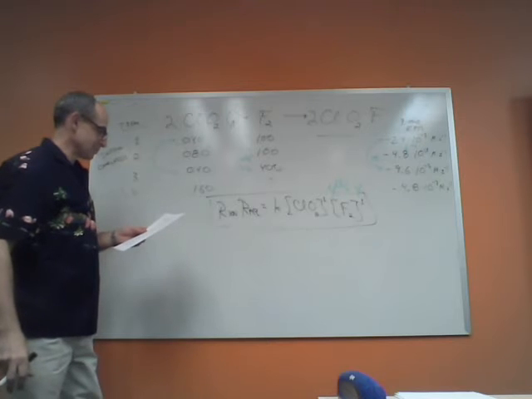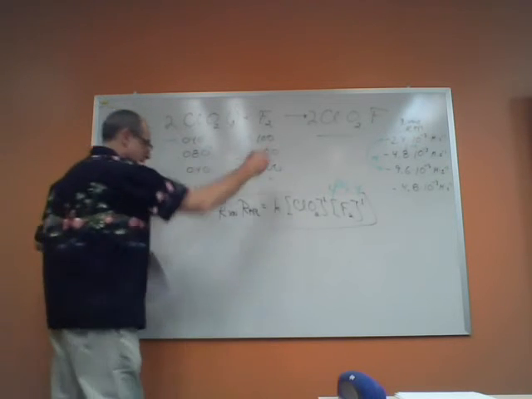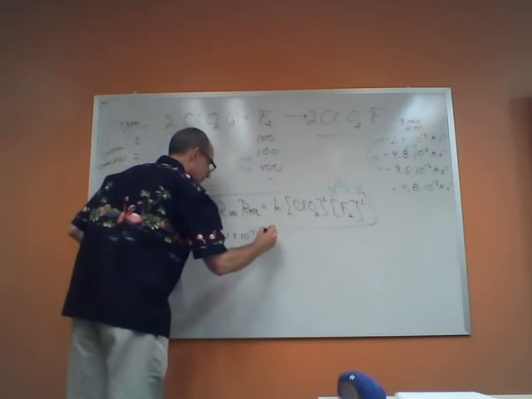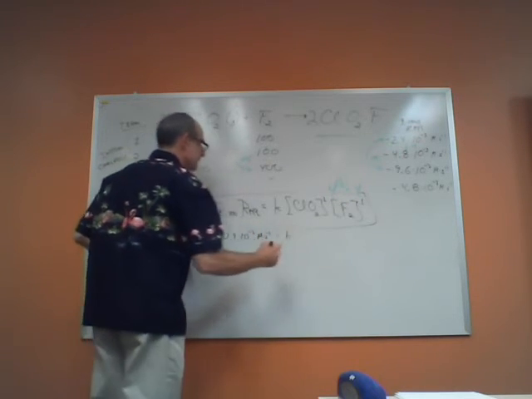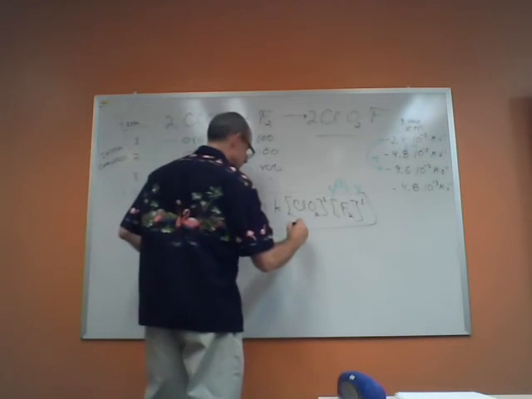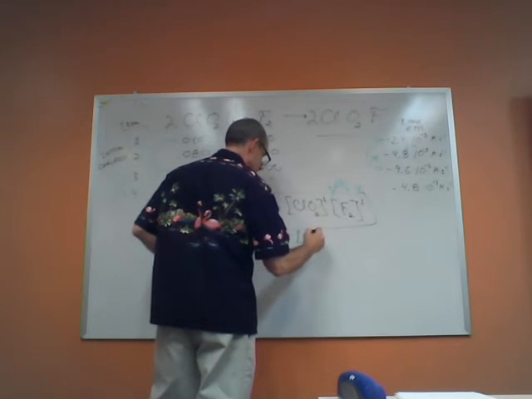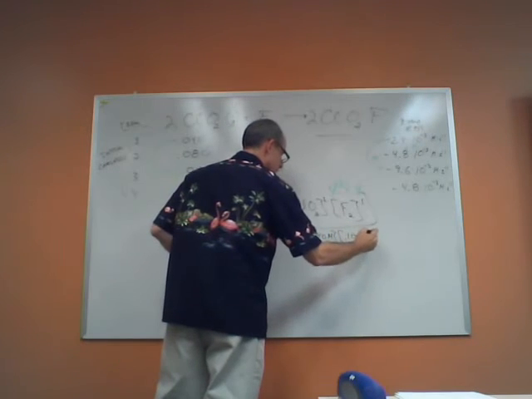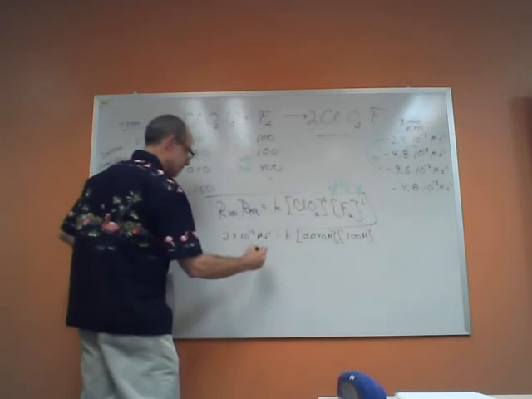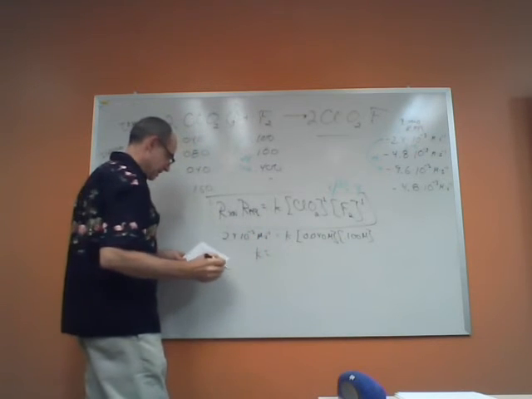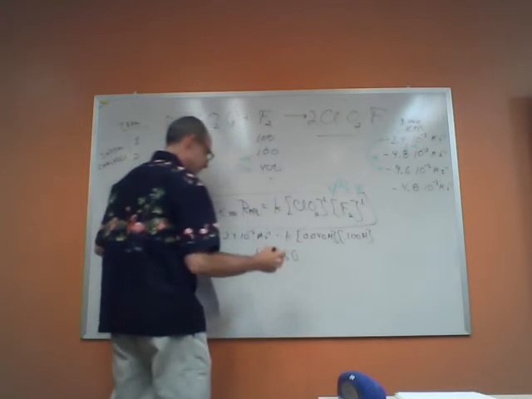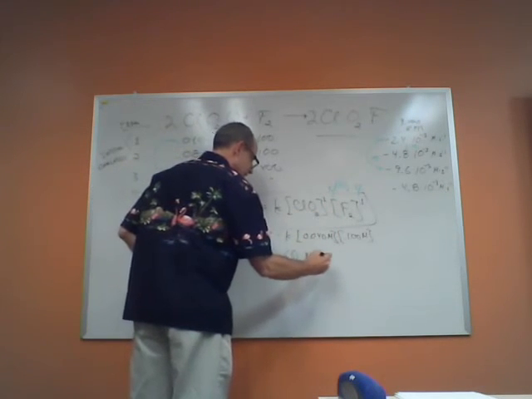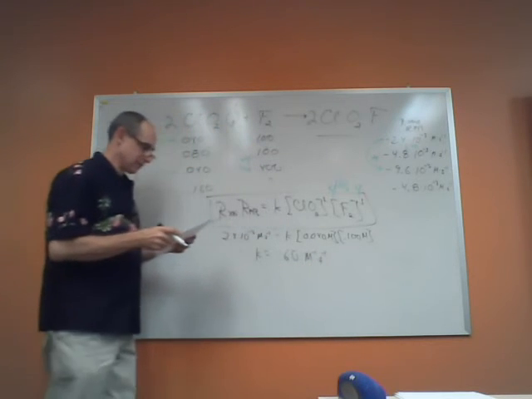So I'm going to go ahead and use the values from trial 1, where the reaction rate is 2.4 times 10 to the negative third molar per second equals K times the concentration of chlorine dioxide, 0.040 molar given to us, times 0.1 molar. And when you go ahead and solve for K, you would get 0.6. And the units there, again, this is an overall second order reaction, so it would be molar to the negative 1 seconds to the negative 1.